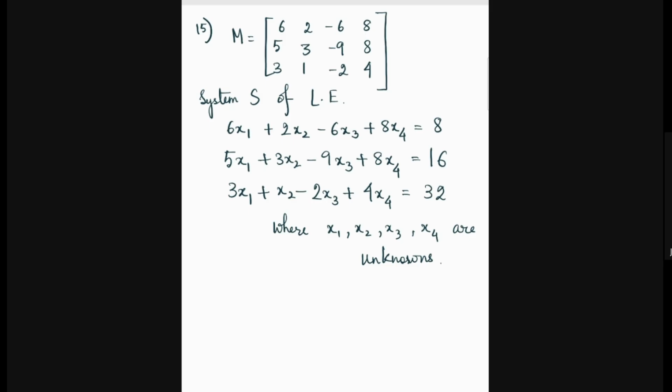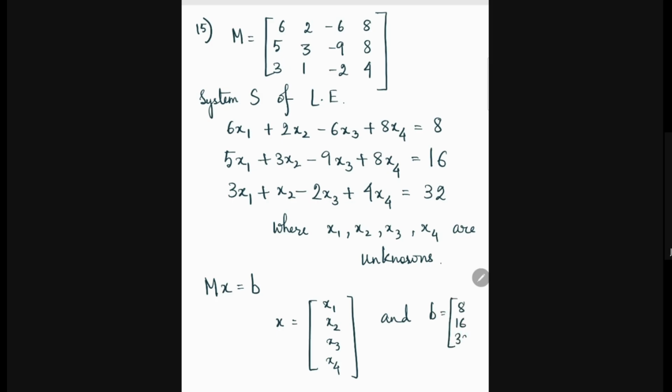Do you know when the system S has a solution? If we write the system S as Mx equal to b, where x is x1, x2, x3, x4, and b is 8, 16, and 32.